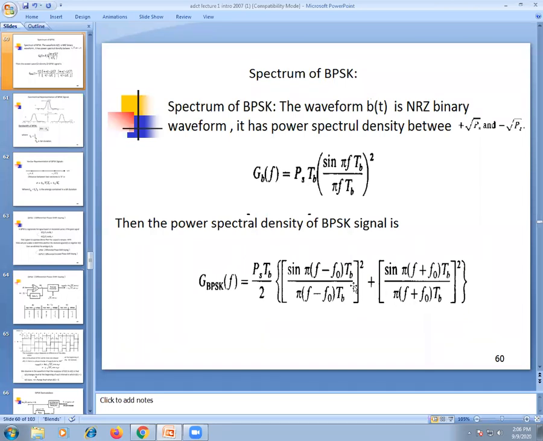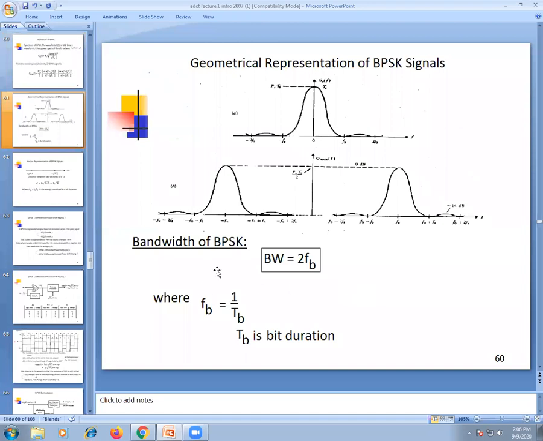This is the geometrical representation of the BPSK signal. Here is the power spectral density of the signal, having nulls at fb, 2fb and so on.